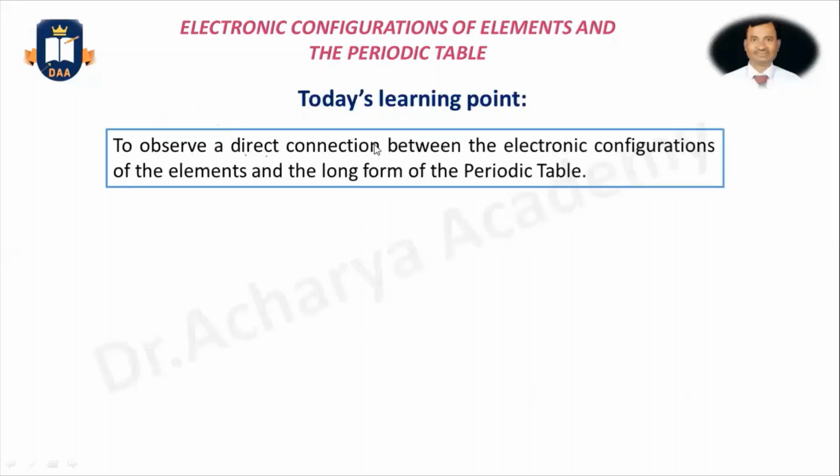Today's learning point is to observe a direct connection between the electronic configurations of the elements and the long form of the periodic table. Long form of the periodic table I already discussed. You can check the previous class to go into details about the long form of the periodic table.